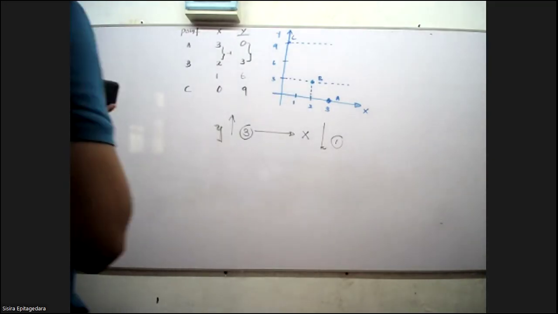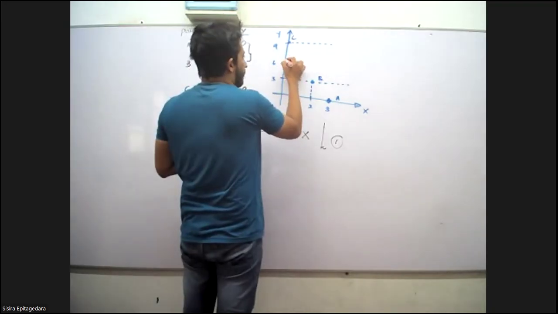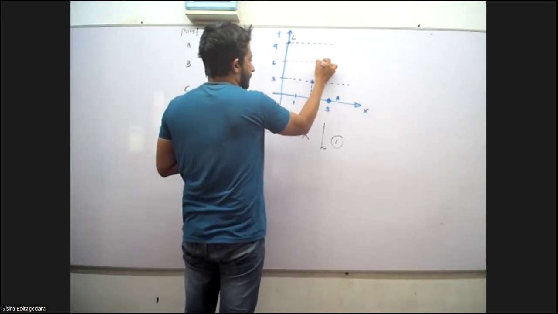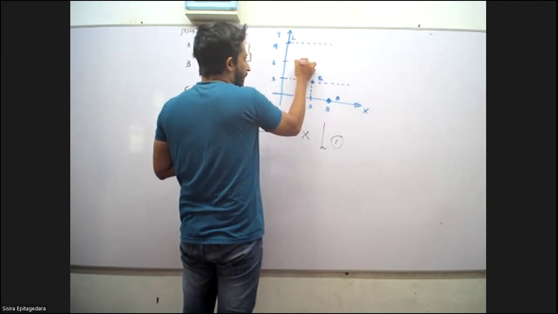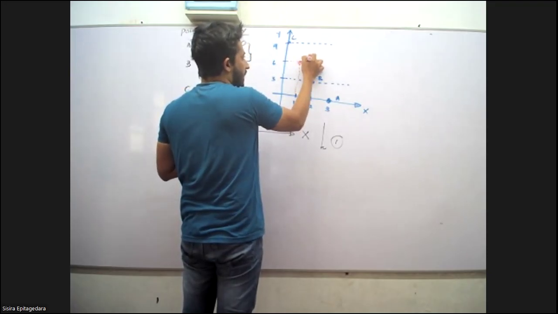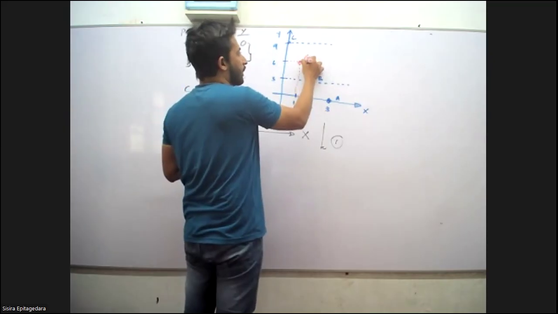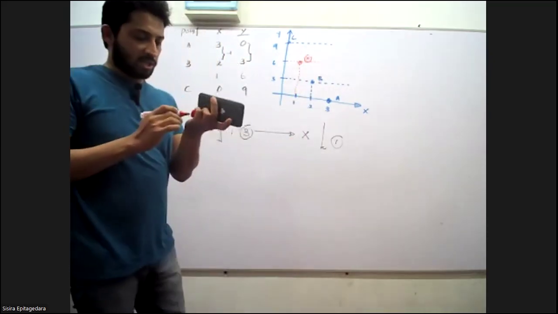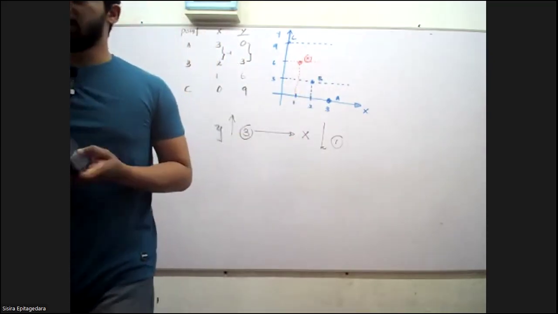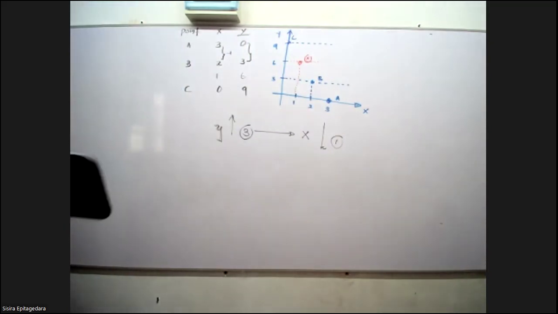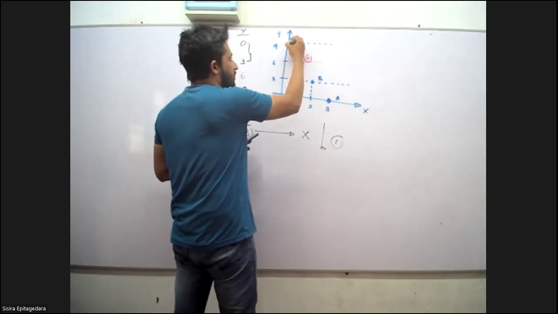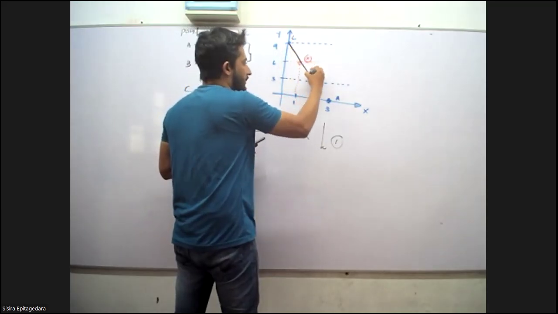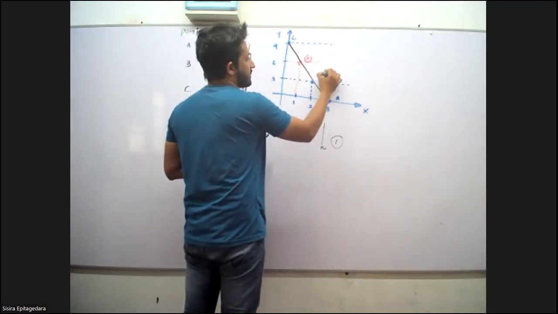It means when Y production is 6 units, the economy can produce only 1 unit of X. This point has not been given, so you have to assume. Or else you can draw just using 3 points, A, B, C, then the production possibility curve would be linear. This is the PPC curve.